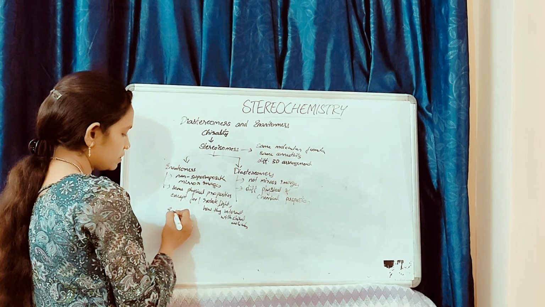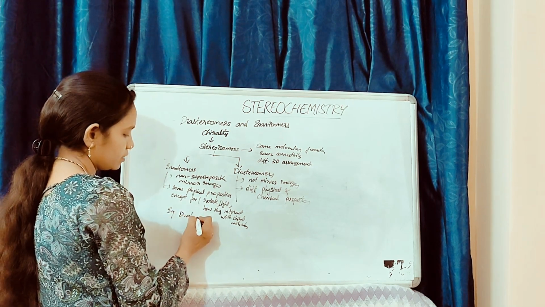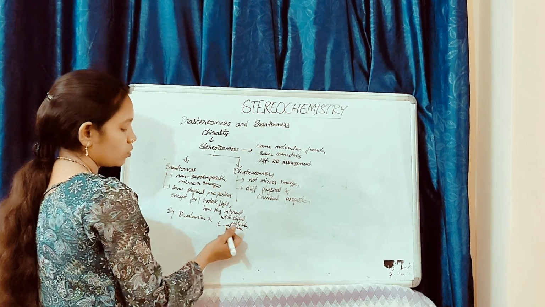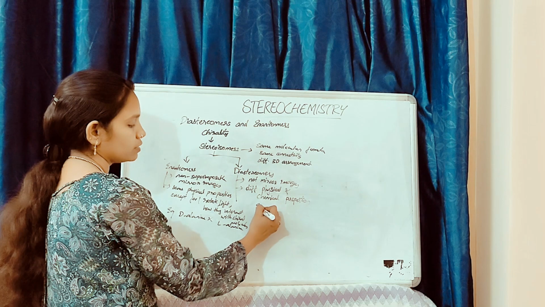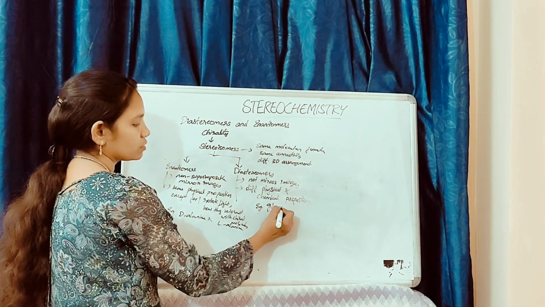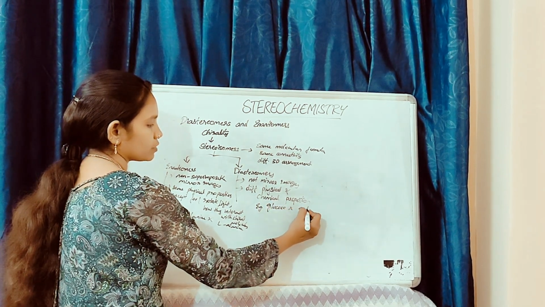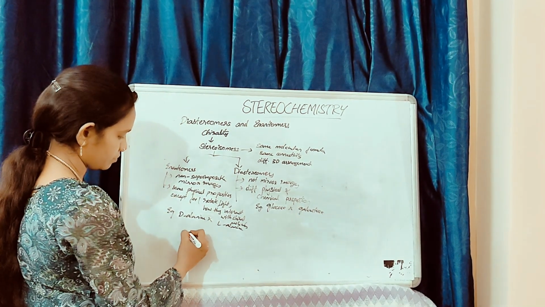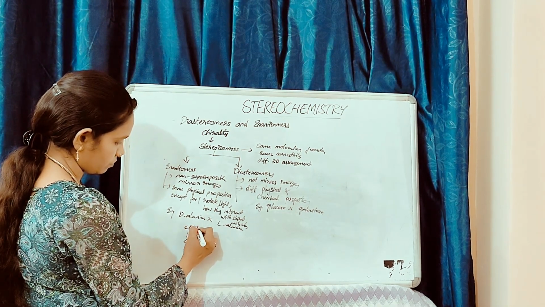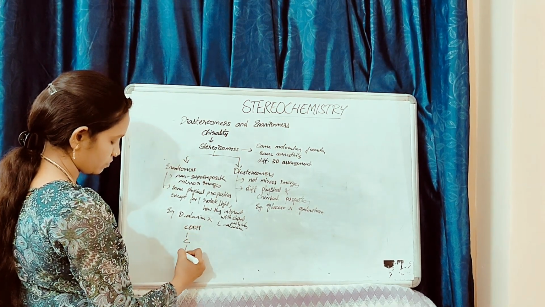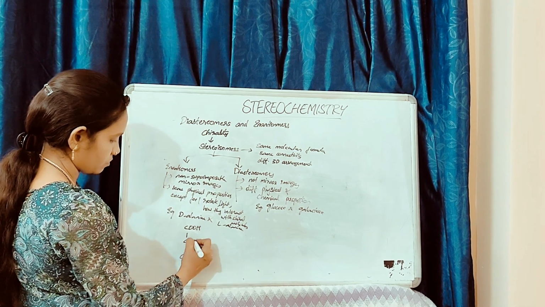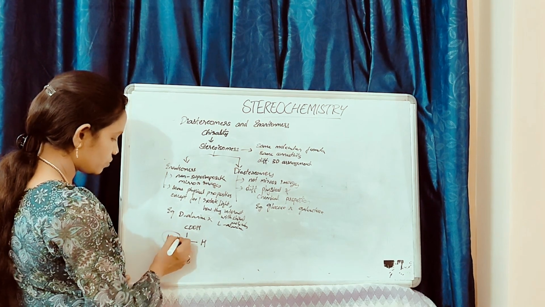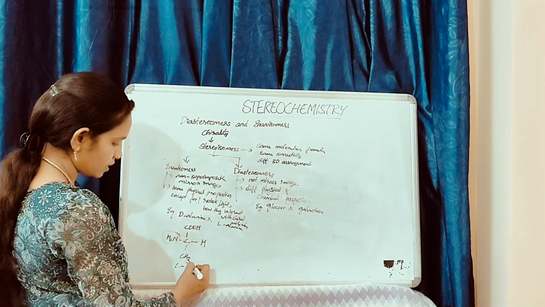Here, if you take the example of D-alanine and L-alanine, alanine is an amino acid. Another example is glucose and galactose. If you take the structure, if the amino group is on the left side, it is L-alanine.